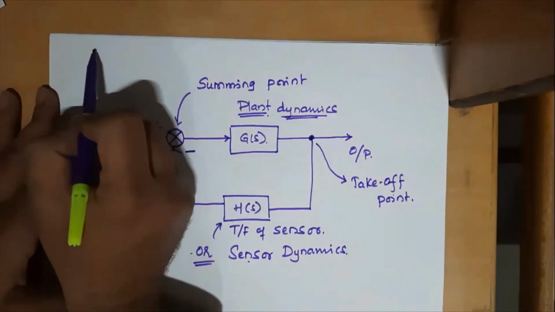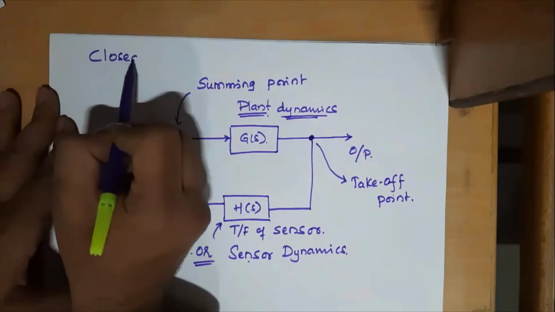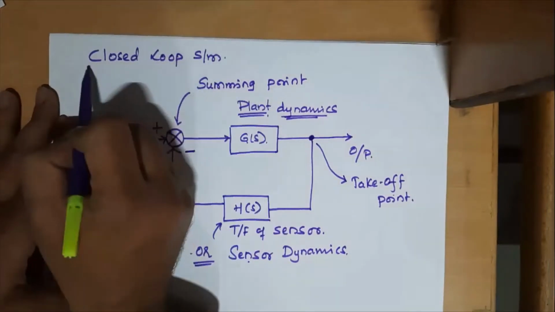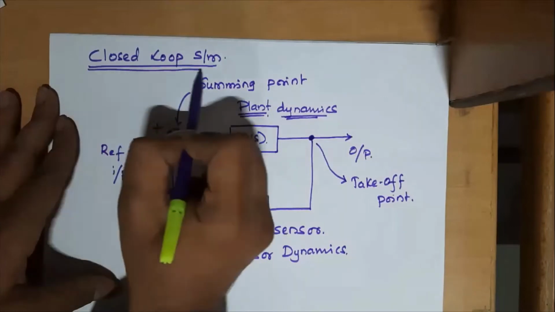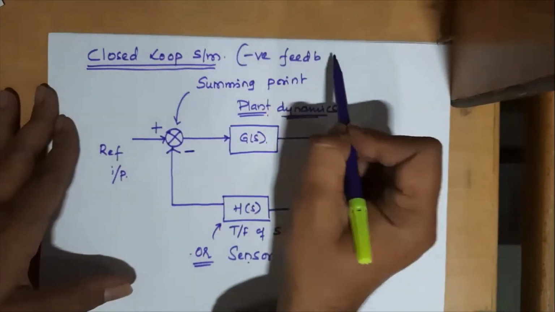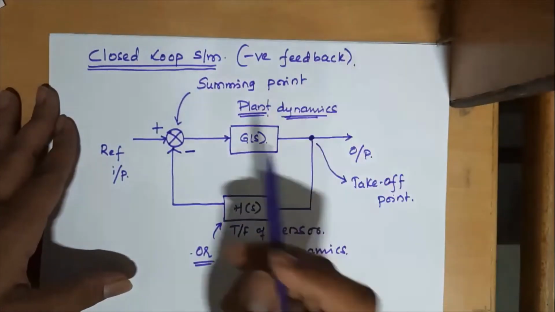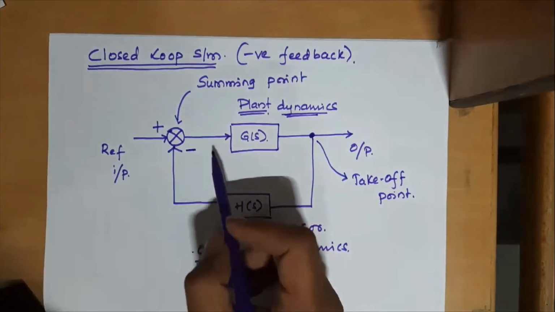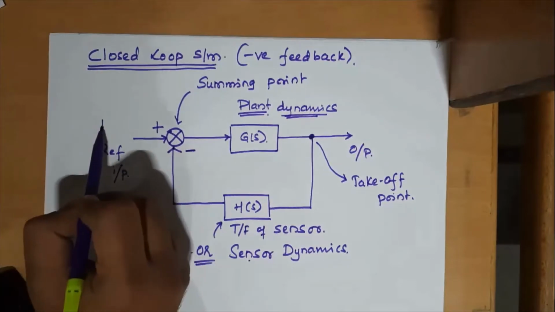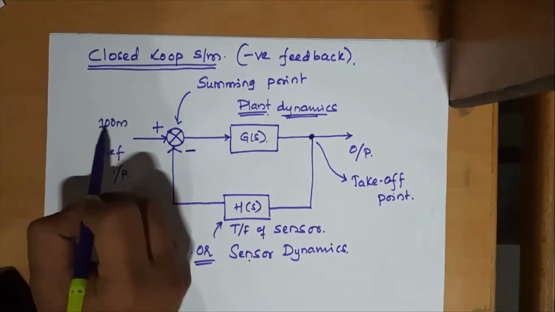Okay. So one simple example we take up first is with negative feedback, then you can think about the positive feedback scenario. So to start with, let us consider a negative feedback signal and let us call this particular complete system a closed loop system. Closed loop system. And to be precise, you can call it a closed loop system with negative feedback. That makes it more clear. So let us assume one example where it is required to ride your bicycle or bike a distance of 100 meters.